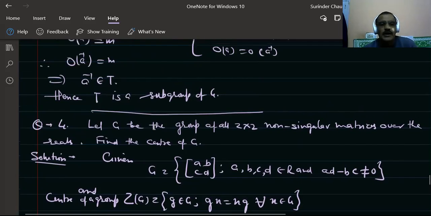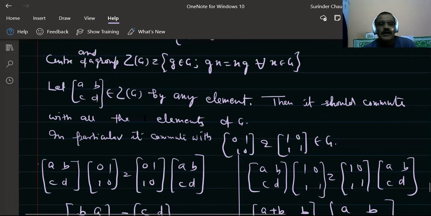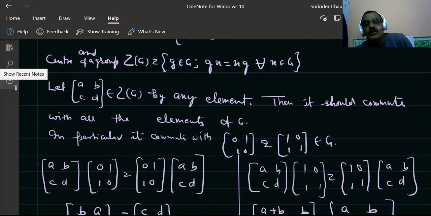You can write it as X, Y, Z, or let A, B, C, D, or X, Y, Z, be any element belonging to Z(G). We have assumed that this is an element of the center.